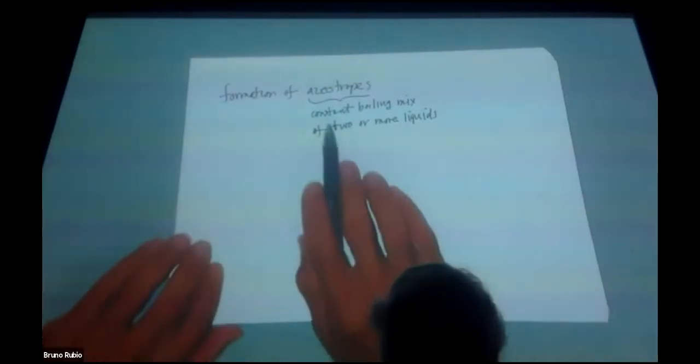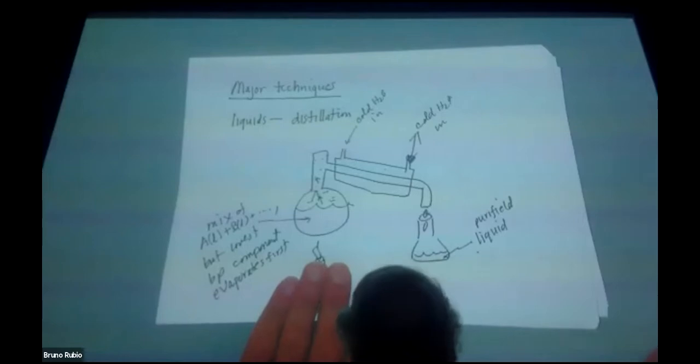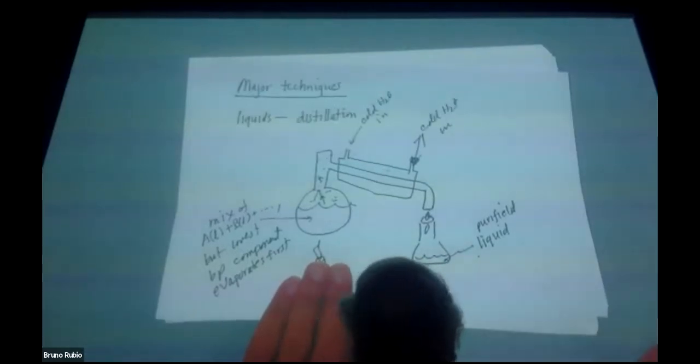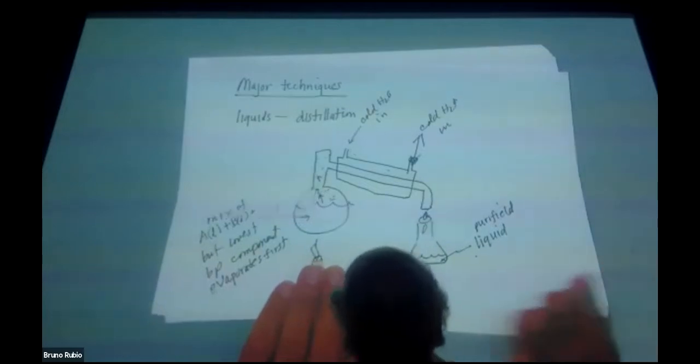And so what is going to be coming over here is not the pure ester, but the azeotrope, which is a mixture of ester and water, let's say. So this is a complication that we see when we're trying to distill liquids.